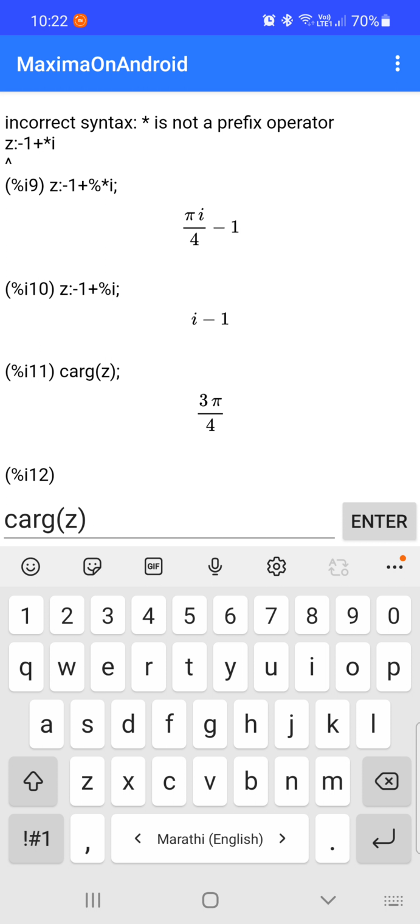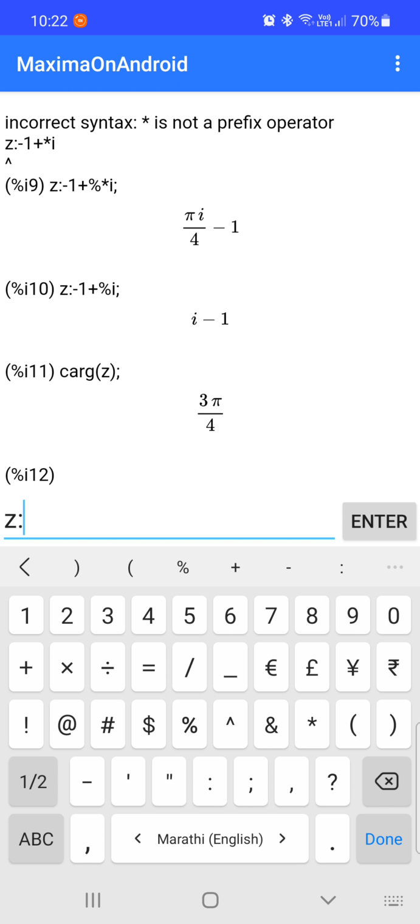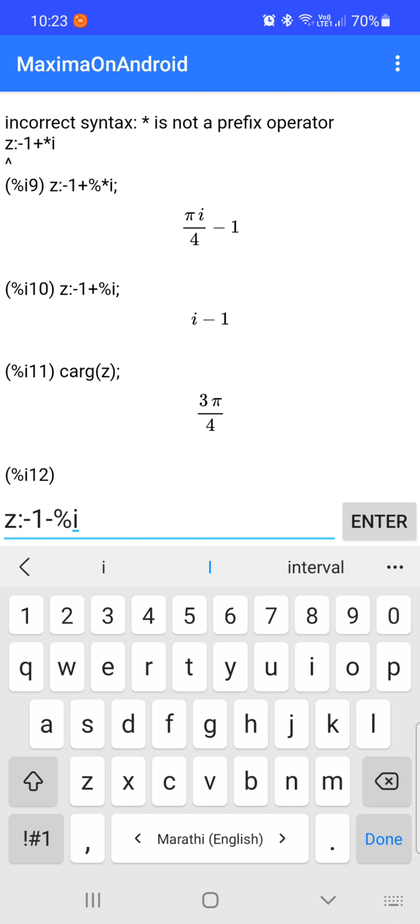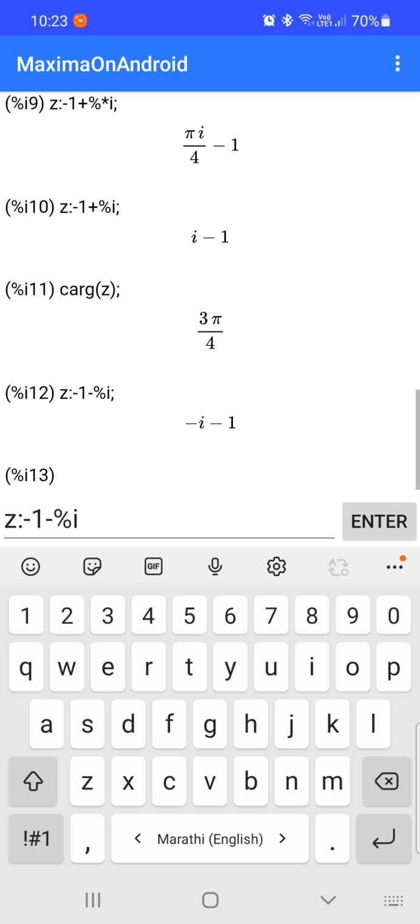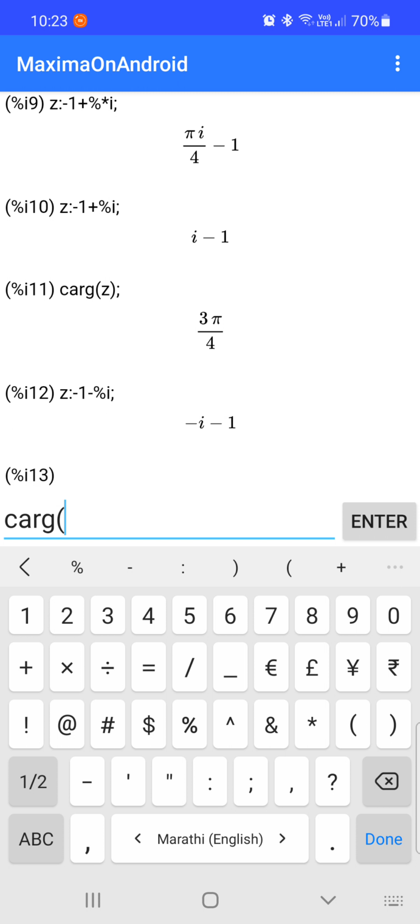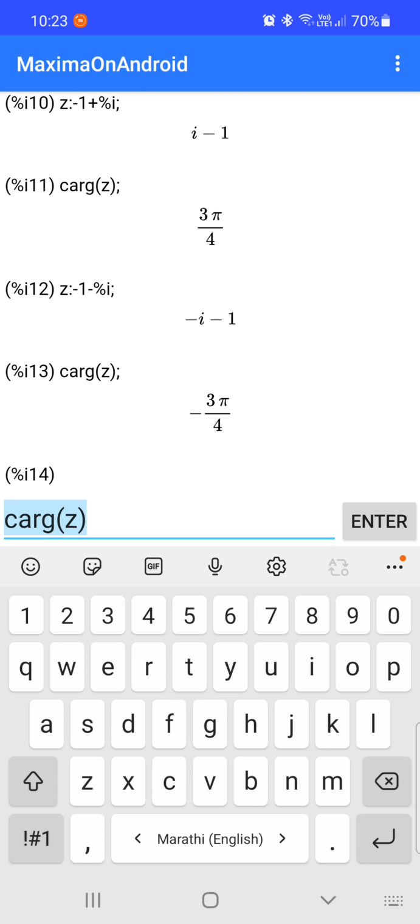So we get the answer 3 pi by 4. Suppose we enter a complex number in the third quadrant, that is, the real part is negative and the imaginary part is also negative. In that case, the argument of the given complex number is equal to minus pi plus pi by 4, so minus 3 pi by 4.